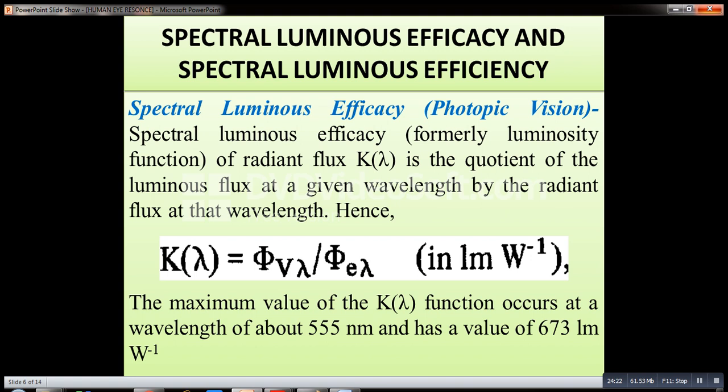One can also define a similar curve for dim conditions in scotopic vision. When neither is specified, photopic conditions are generally assumed.